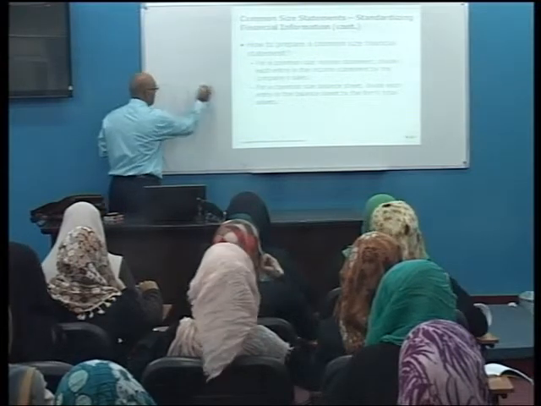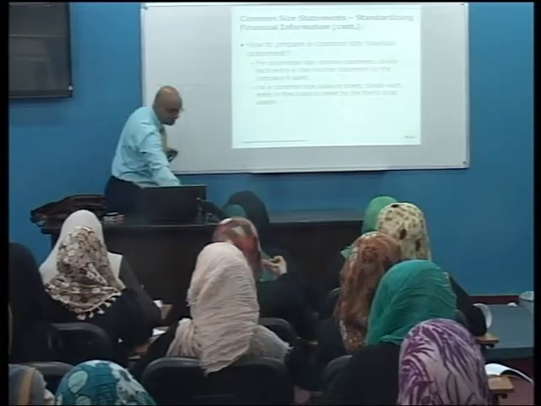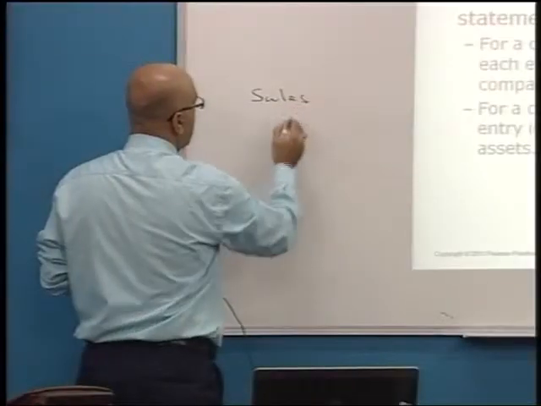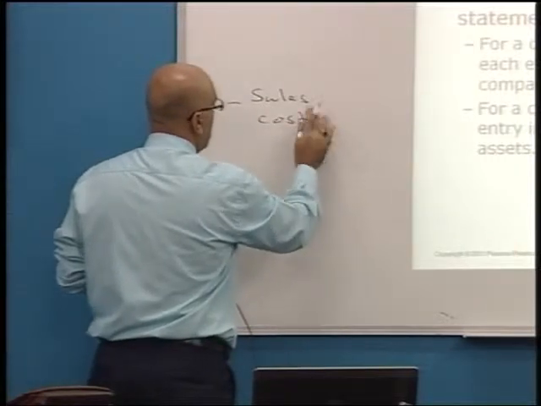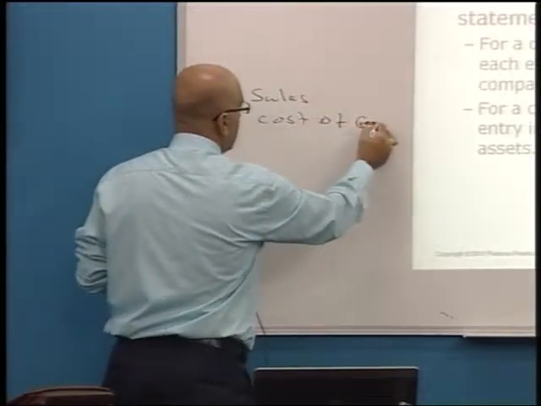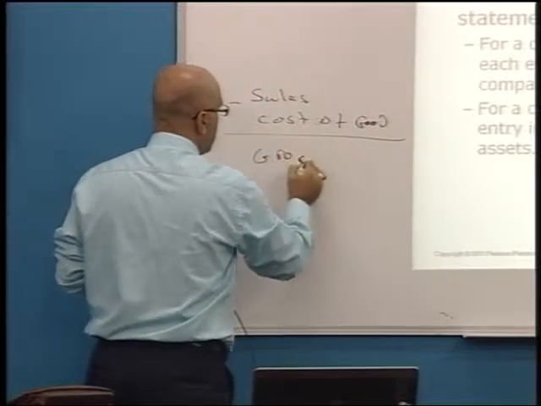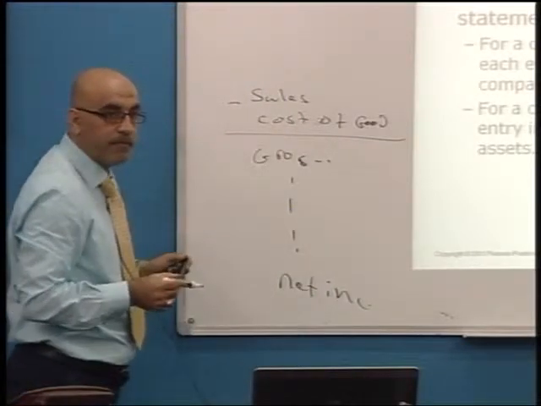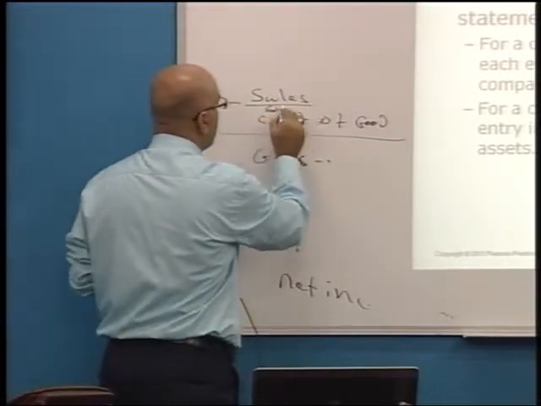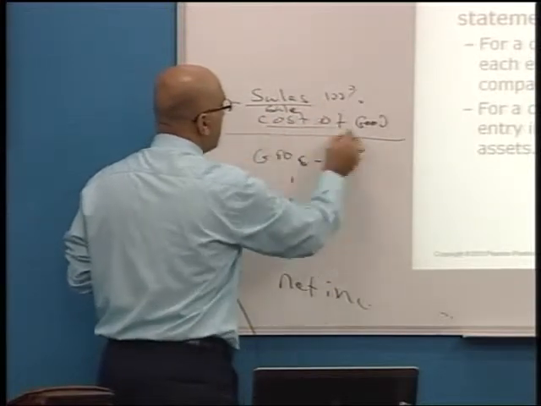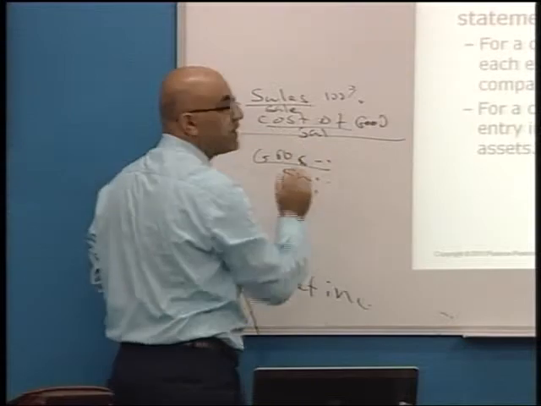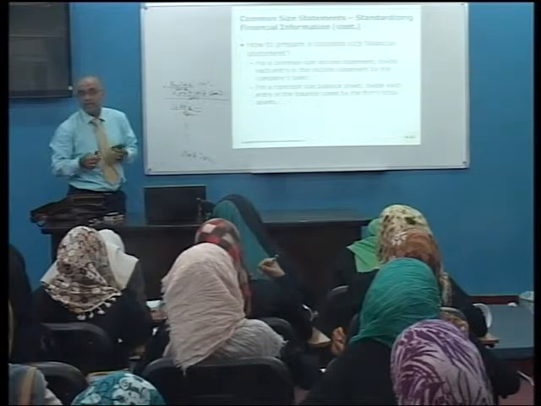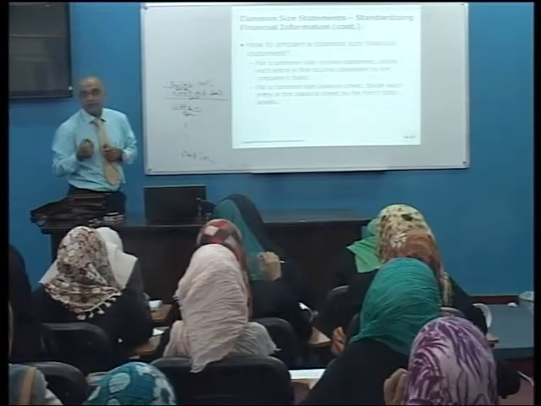If you have the income statement, you have sales or turnover, cost of goods sold, then gross profit, until net income here. So each item is divided by the sales. You start here with 100%, then divide by sales, and so on. I showed you in the financial analysis how we can do this.